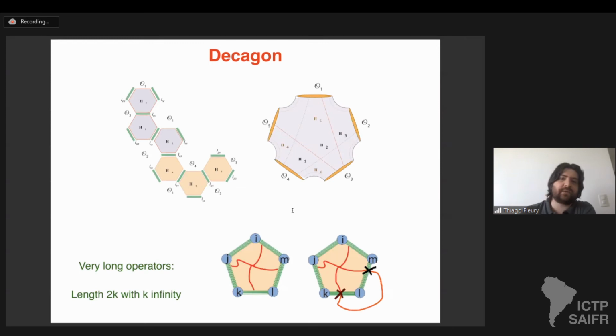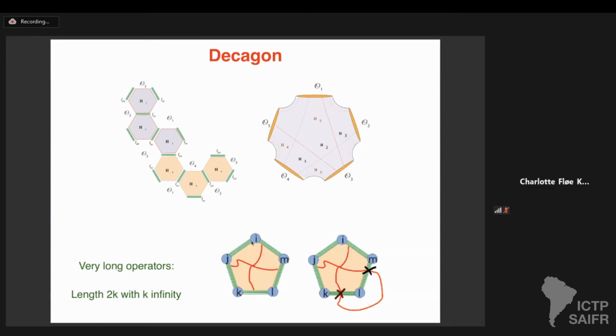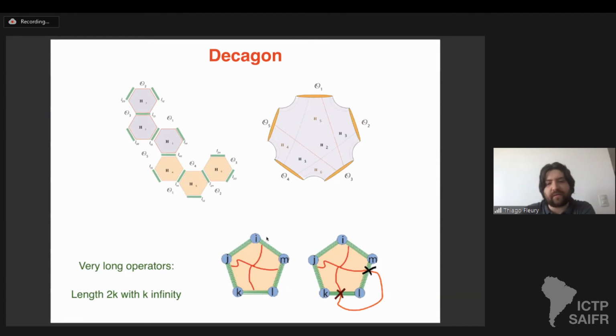The decagon will be the simplest 5-point function. It's a generalization of Frank's simplest 4-point function. It's in the same spirit. Basically, you have very long operators, and all the bridges here are infinite, and you isolate the inside of the diagram from the outside of the diagram.